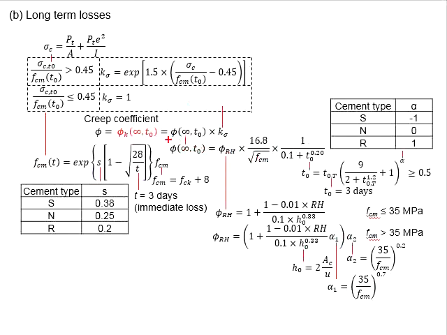The creep that we have obtained is from here, which needs to be later multiplied with a factor of k sigma that is governed by the conditions of the ratio, whether it is greater or less than 0.45. With that, we will need to compute this sigma c t naught and also fcm t naught.